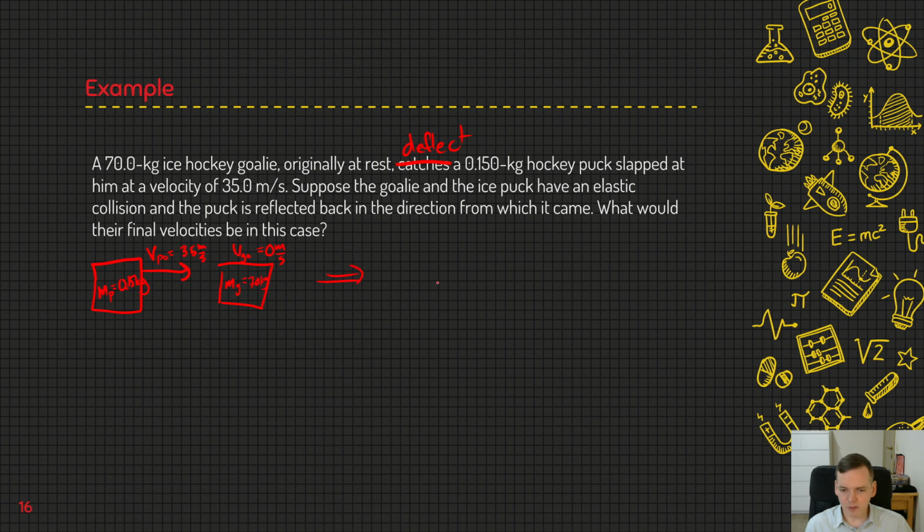And then after the collision, we have the puck going backwards in the opposite direction, so final velocity of the puck. And we know the goalie is going to have some momentum change in the opposite direction to conserve momentum. So the velocity of the goalie is some unknown value, the velocity of the puck is some unknown value, and the mass of the goalie is still the same.